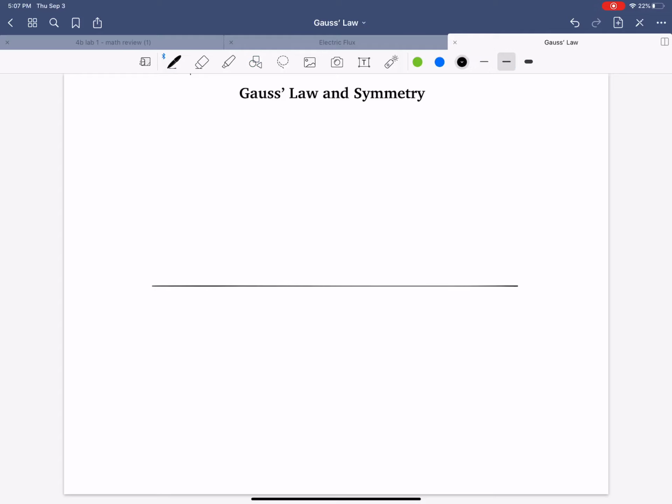There's our line again. Okay. So the surface that's equidistant from a line is a cylinder. Let's draw a Gaussian cylinder such that this line of charge is through the center.